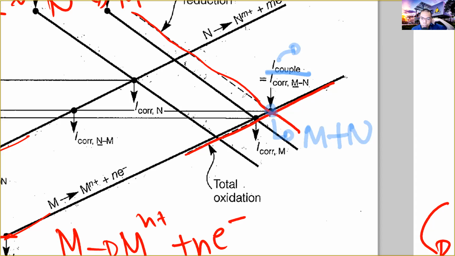So in this case, yung intersection na yan, that is yung corrosion for both metals M and N. In galvanic corrosion, it is more important for us to know the individual corrosion rates for, let's say, metal M and metal N.